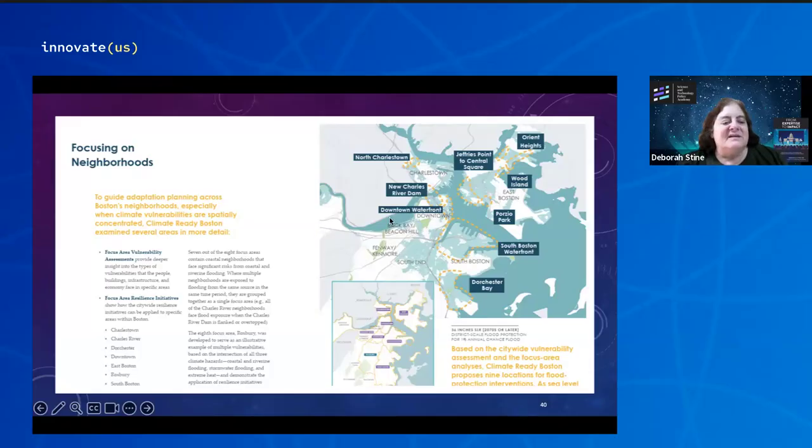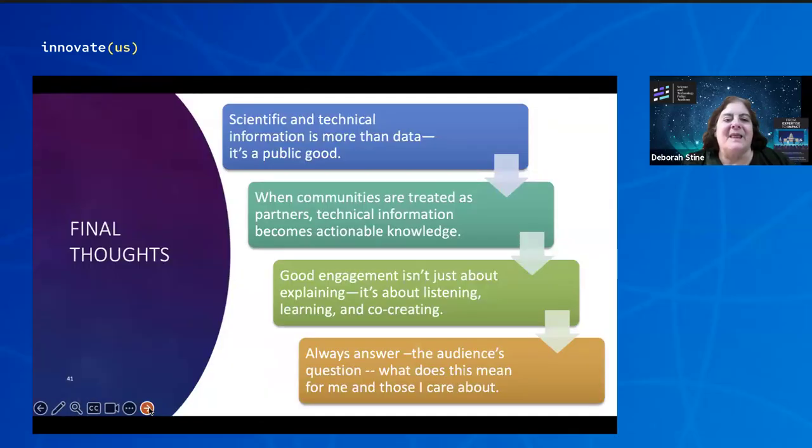So they have this visualization of a map so people can get a better understanding of where the impacted residences, the adaptation activities, and the vulnerability are. People can look at this map to understand where they are within the concerns related to climate change. So here are my final thoughts.